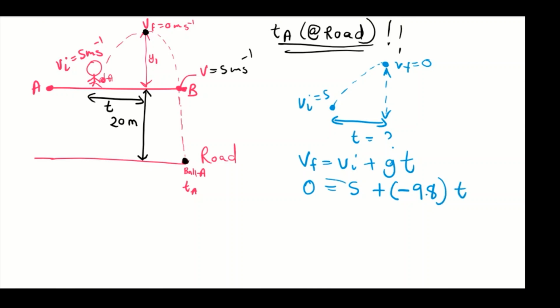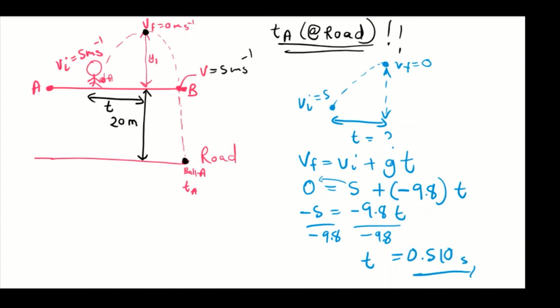We transpose the 5 to the other side: minus 5 is equal to minus 9.8 t. Then you divide by minus 9.8 both sides, and our t is going to be 0.510 seconds. So this is the time that it will take the ball to reach that maximum height.